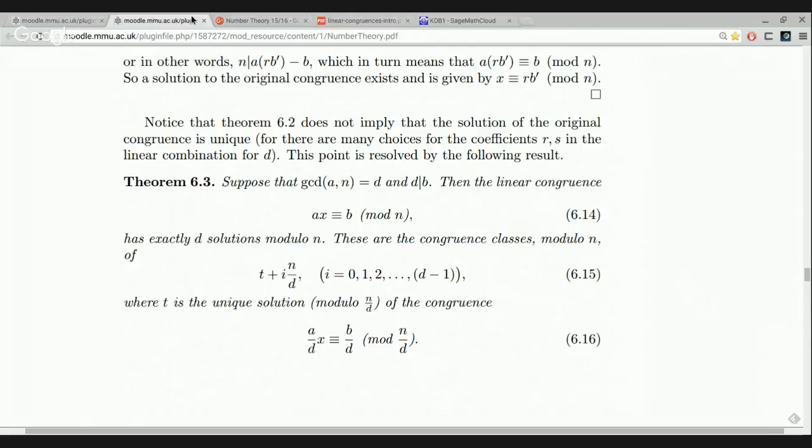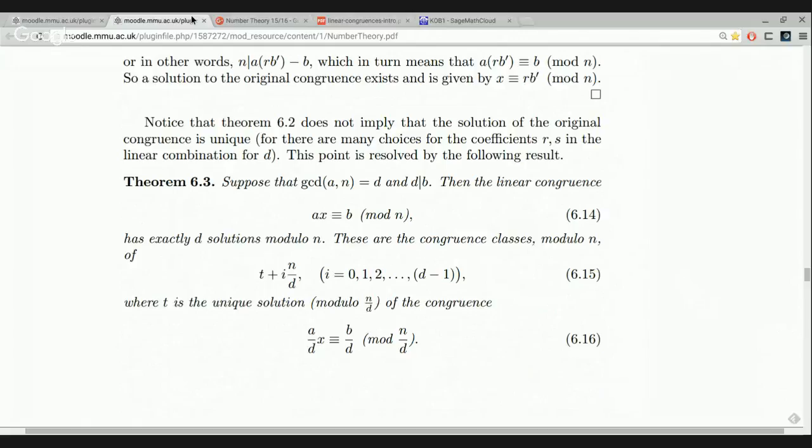And then it just describes them in general. These d different solutions, they're the congruence classes of these integers here, modulo n. This looks a bit confusing at first look, but it's t plus i times n over d. So n over d, in the language of this example here, was 5. It was the original modulus divided by the greatest common divisor, so 15 divided by 3.